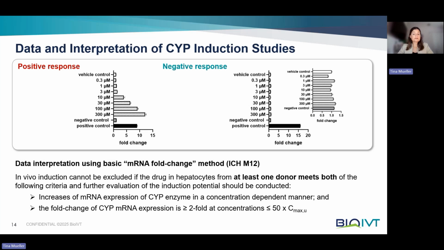And second, the change in CYP mRNA expression is greater than or equal to twofold at drug concentrations that are lower than or equal to 50 times the maximal unbound concentration. I would like to emphasize again that in IND-enabling studies, 3 individual donors are evaluated and only one of them has to meet these two criteria.